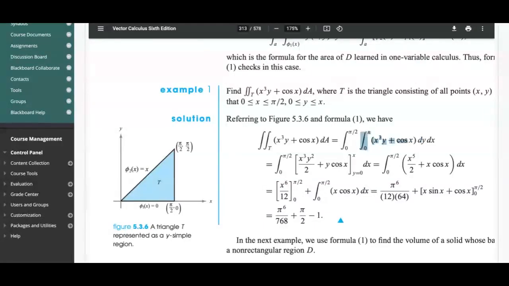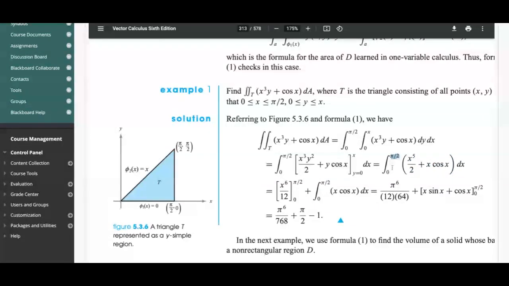Once we integrate, it becomes a function of x. So we integrate in the y direction, we get this, then we evaluate from 0 to x. So the inner integration becomes a function of x.